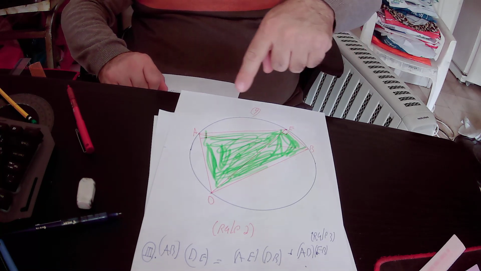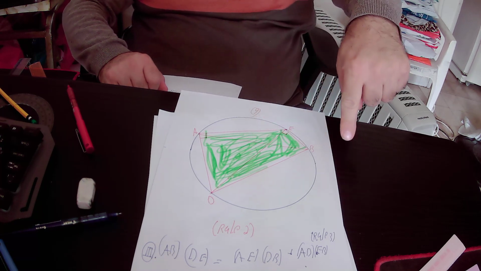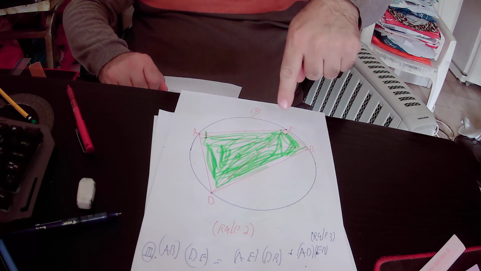The first product is AE times BD, and the second product is BE times AD.